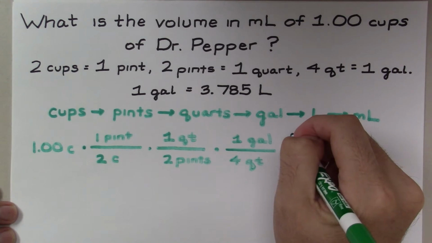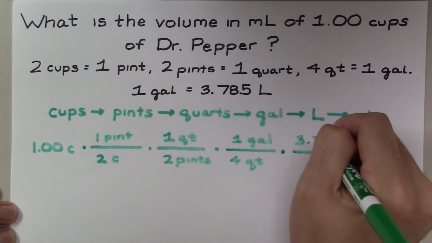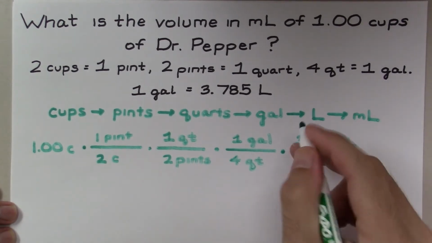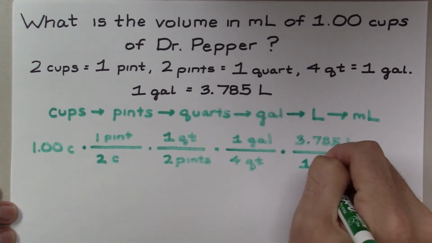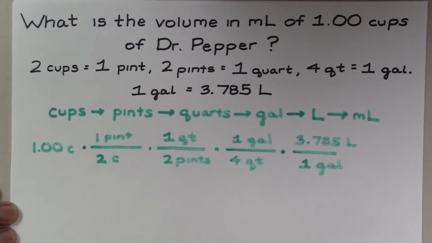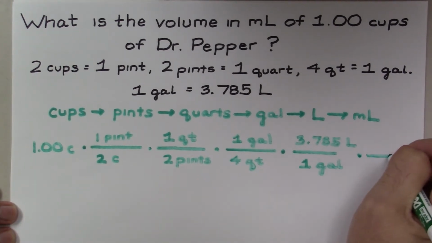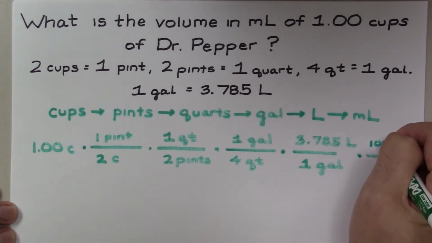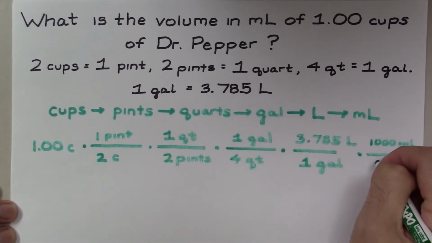So now we can say that there are 3.785 liters in every 1 gallon. This will cancel out our unit of gallons, being left with liters. We're not done yet. We need to go to milliliters. So now we can say that there are 1,000 milliliters in every 1 liter.